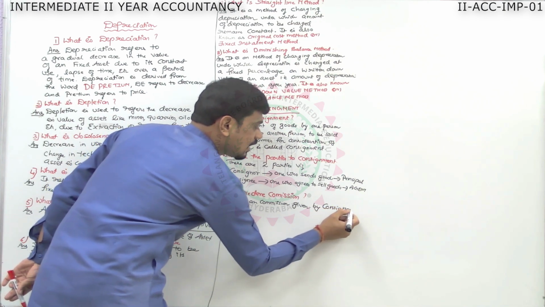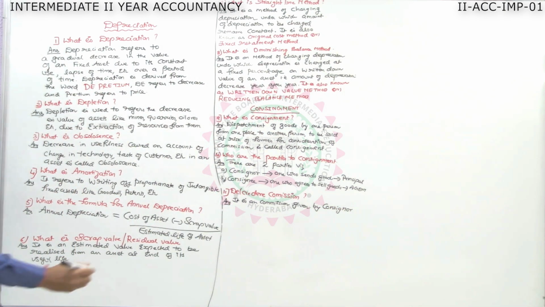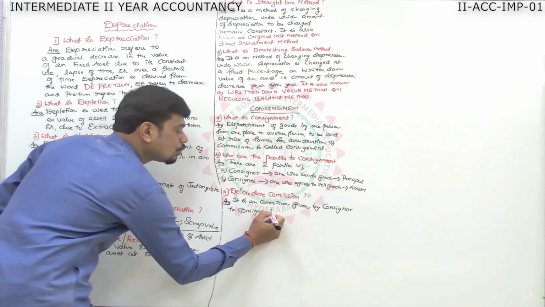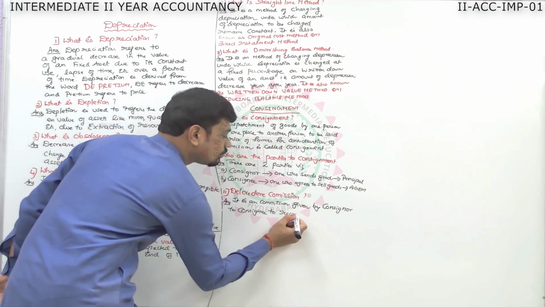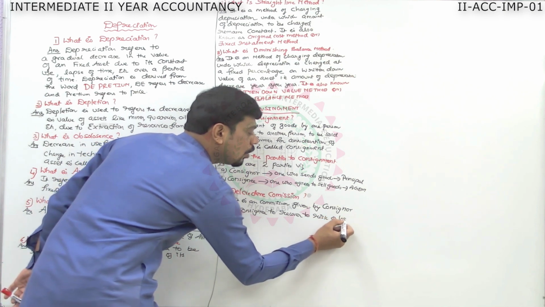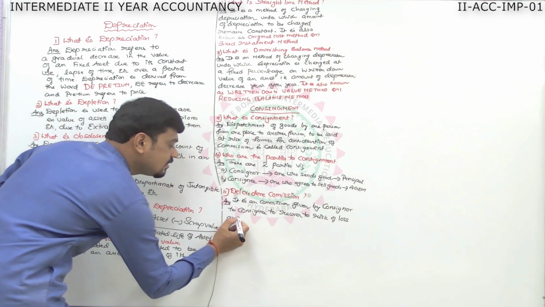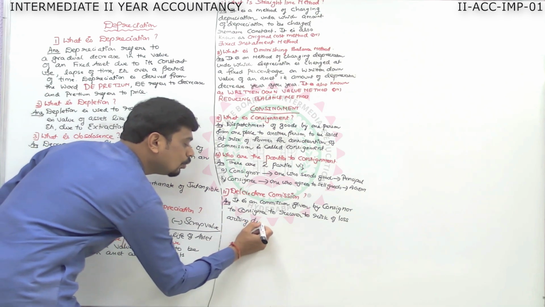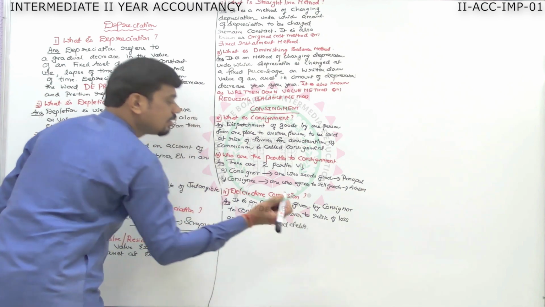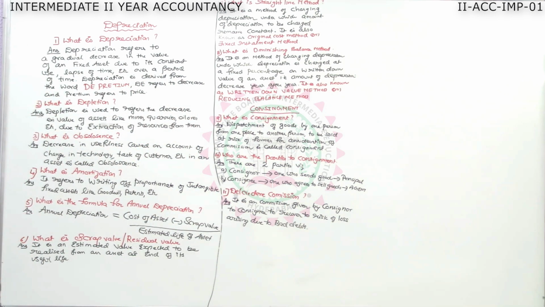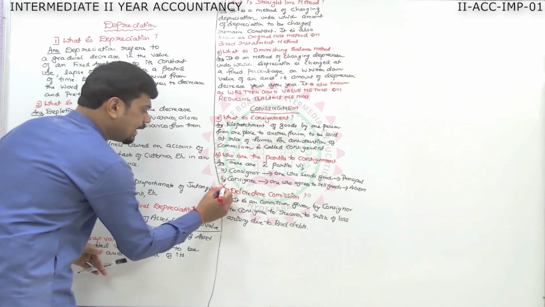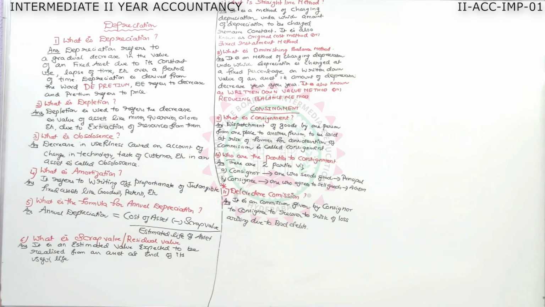Consignor. It is a commission given by consignor to consignee to recover the risk of loss arising due to bad debts. Simple. This is del credere commission. The most important question from this chapter we expect.